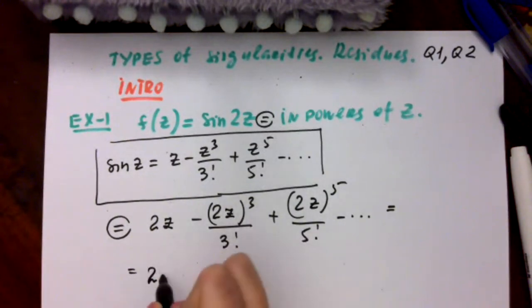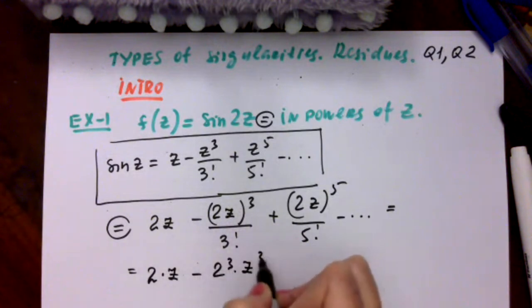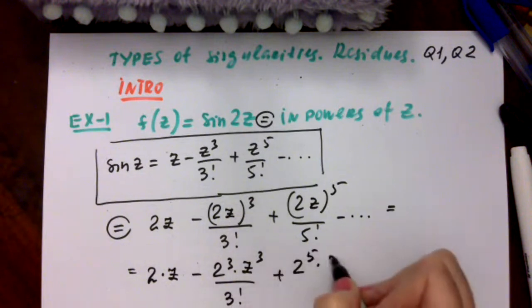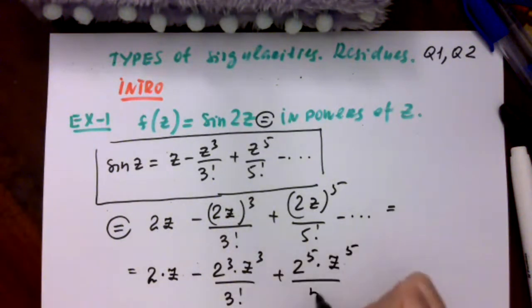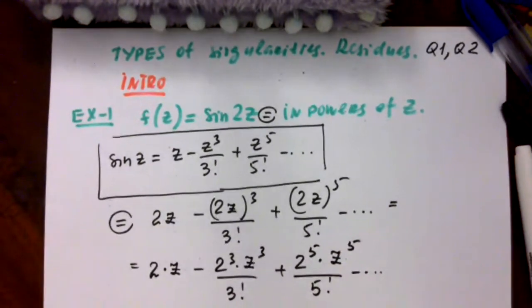It will look better: 2 times z minus 2 cubed times z cubed divided by 3 factorial plus 2 to the power of 5 z to the power of 5 divided by 5 factorial. That's it. So the question is, was it allowed to do, and is our answer valid?